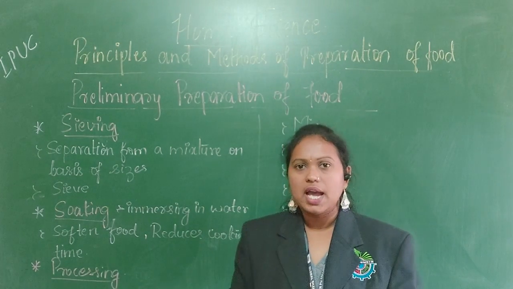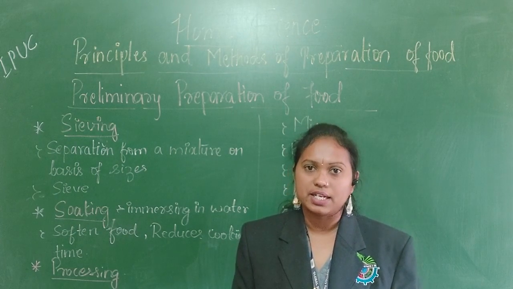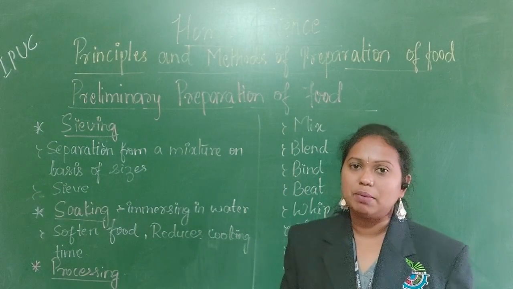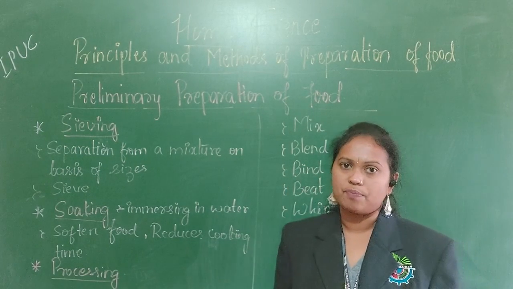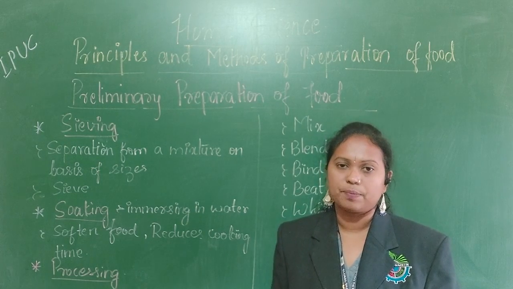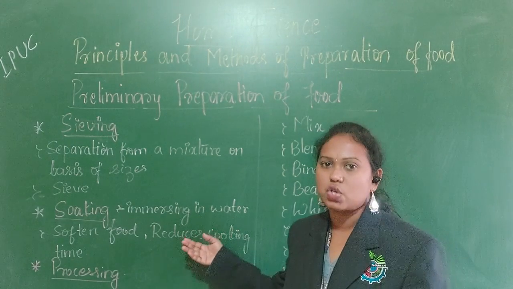Soaking has so many advantages. It facilitates grinding; the best example is making idli or dosa, where the rice is soaked to make the batter. The texture of the food will be softened.